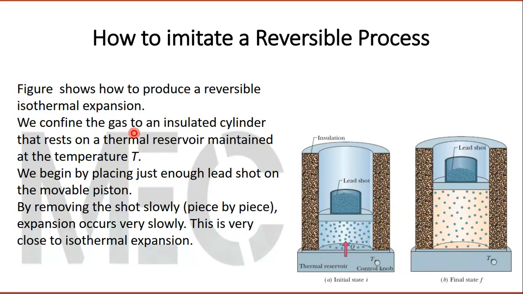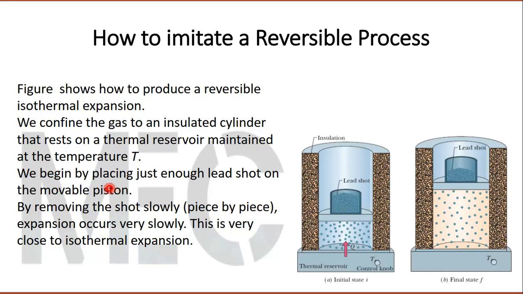We confine the gas to an insulated cylinder that rests on a thermal reservoir maintained at the temperature T. We begin by placing just enough lead shots on the movable piston. So we have a lot of very tiny spherical lead pieces here. It is also called lead shot or metallic shot.